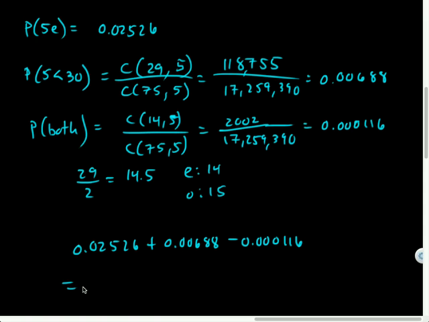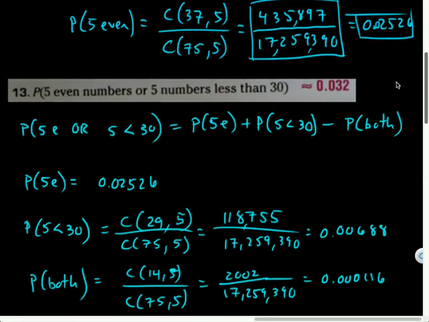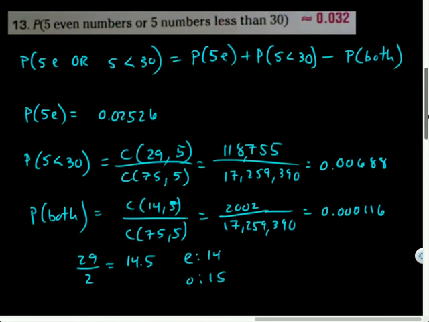So let's plug that in. 0.02526 plus 0.00688, and I'm going to get, hopefully this is right, 0.032024. Yeah, nailed it. Bam. How about that?